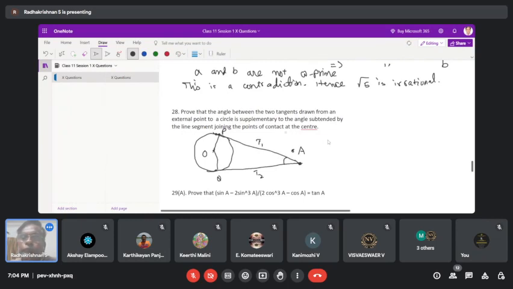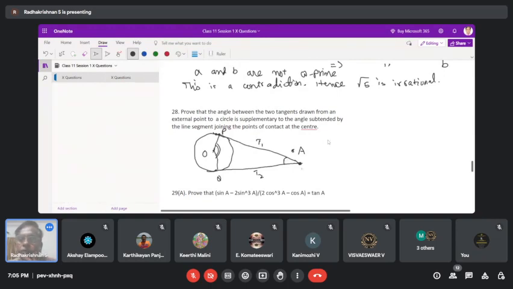PAQ, is supplementary to the angle subtended by the line segment joining the points of contact at the center. So P and Q are the points of contact. When I join those two points to the center, the angle subtended is this. So the question is, this angle and this angle are supplementary.